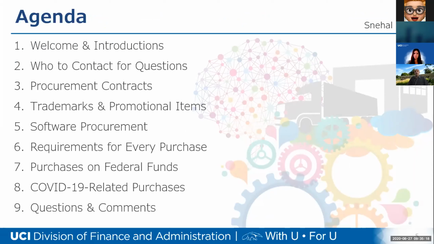We would like to give you a brief overview of what we're going to talk about today. We will do some introductions to some of the new team members that we have. Doreen will go through, as I said, who to contact for any questions. Then procurement contracts will give a very high level overview of what we need for a contract. Then Hung Pham is going to talk about trademarks and promotional items.